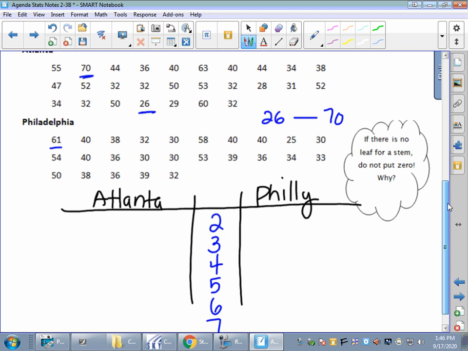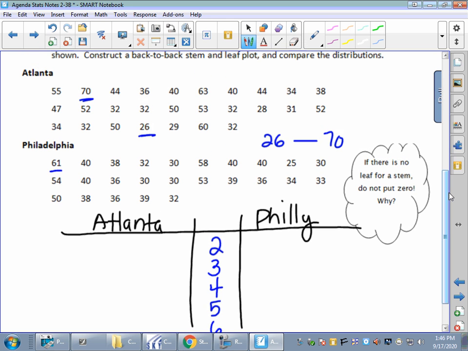Let's just talk about Atlanta for a minute because I think you'll be good with Philadelphia because it's exactly the same as the one we just did. Atlanta, though, it's all about the order. So if I look at anything in the 20s in Atlanta, I've got 2 pieces of 20, so I'm going to have a 6 and an 8. If I'm counting out from the stem, I've got to have a 6 and an 8.